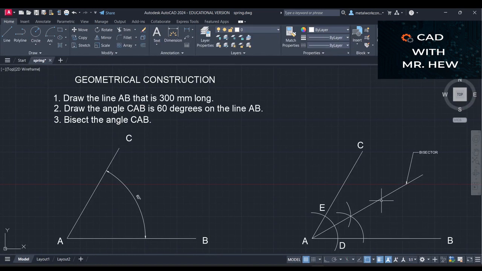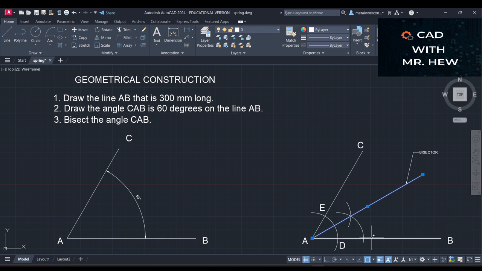This line is now the bisector, and it bisected the angle CAB into two equal angles. If the angle before was 60, this angle would be 30, and the angle above would be 30.